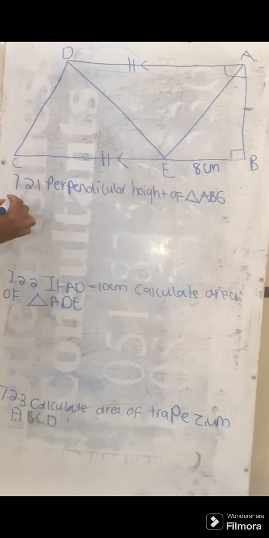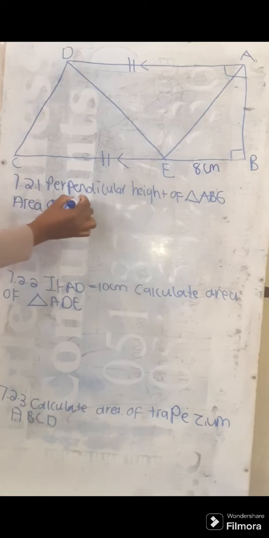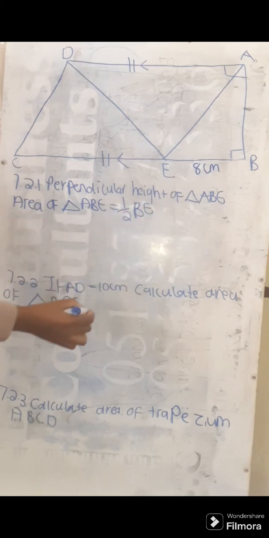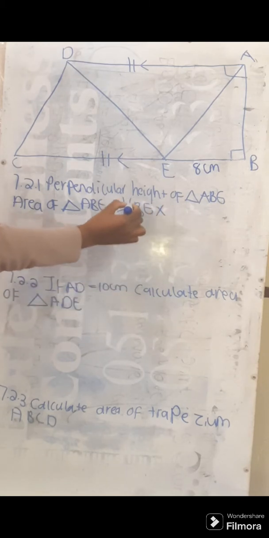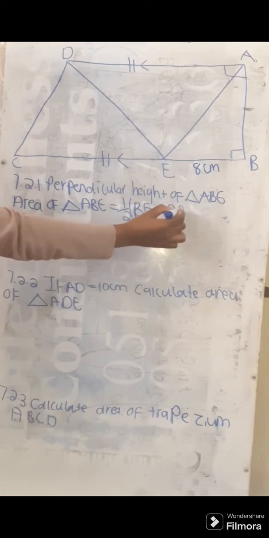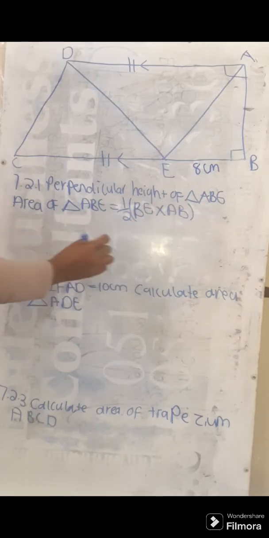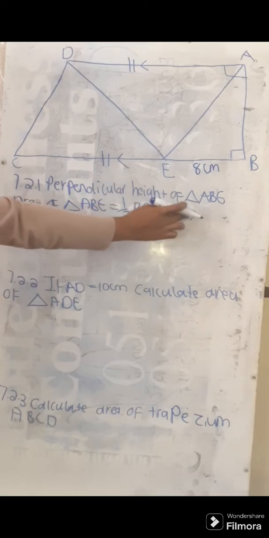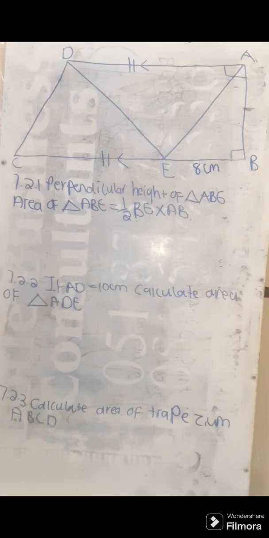So area of triangle ABE equals 1/2 BE times AB, right? So this is the area of that triangle. So we can substitute all that we have.